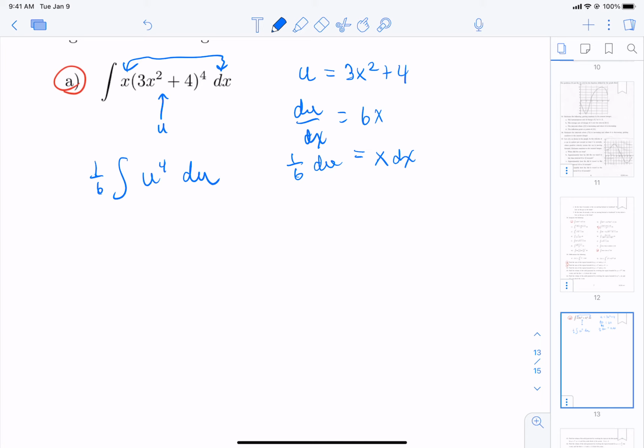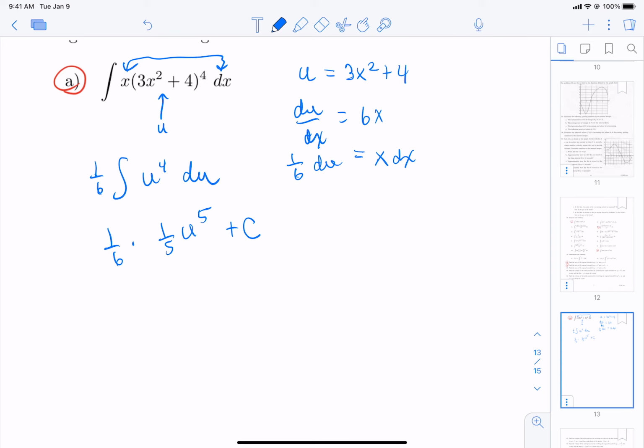Ignoring the 1/6, what is the antiderivative of u to the 4th? The power goes up by 1, and we divide. What's our antiderivative? It would be 1/5 u to the 5th. Or you can even write it as u^5 over 5, sometimes is what I'll do.